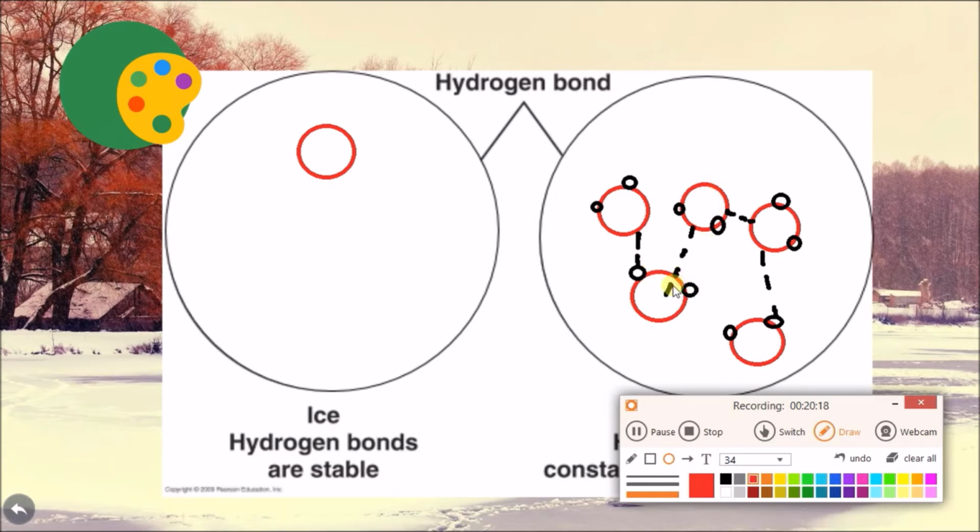But once it gets colder than 4 degrees Celsius, an amazing thing happens with the water molecule, and it has to do with hydrogen bonds again. That's why this says hydrogen bond. When it gets super duper cold, the hydrogen bonds will take over, and they will force the water molecules to be in a perfect formation.